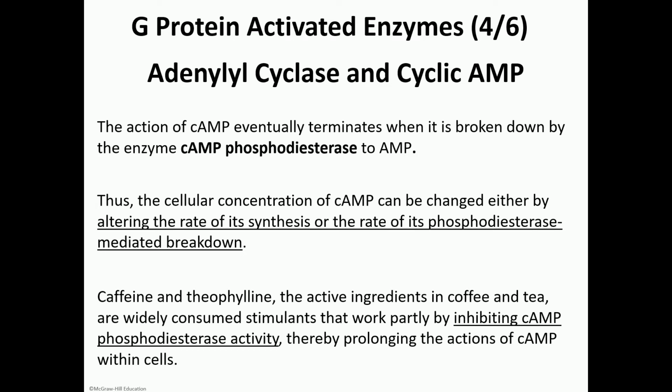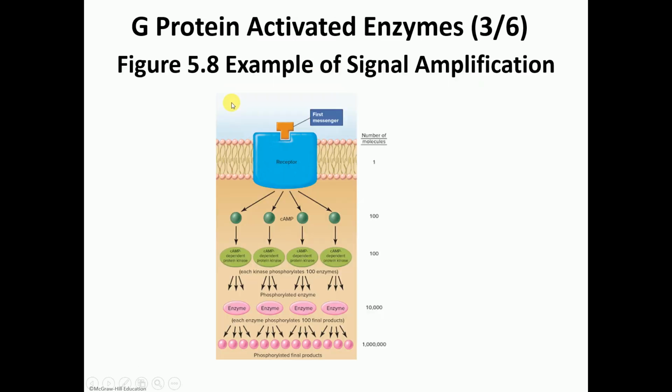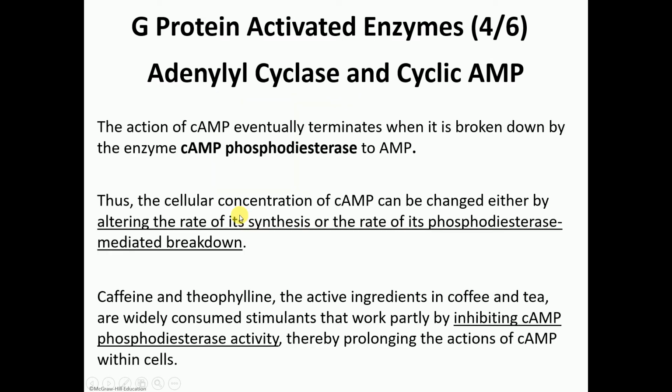So how is it that we terminate the process? Our first messenger, the cell really can't do anything about it because it's out of its reach. It's on the outside. What the cell does have control over is the production of cAMP. So there's an enzyme that can break down cAMP, and that's known as cAMP phosphodiesterase.